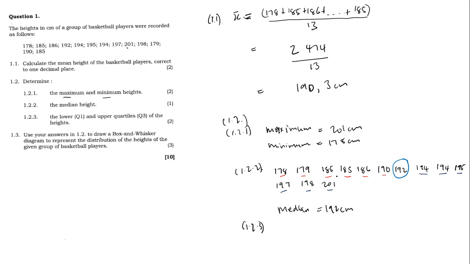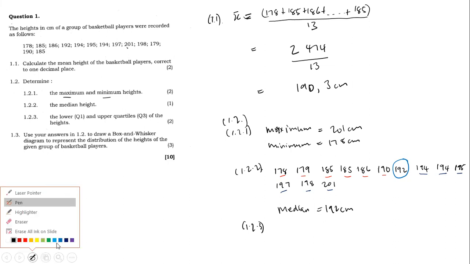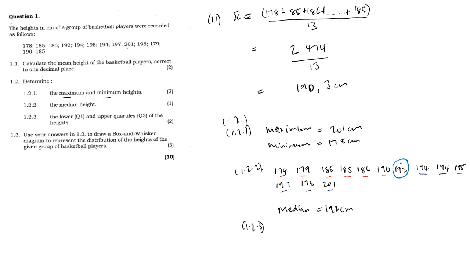From the very same arranged data set, for the first half, we're going to determine another half. When you want to determine the lower quartile or the upper quartile, you do not include or count the median.